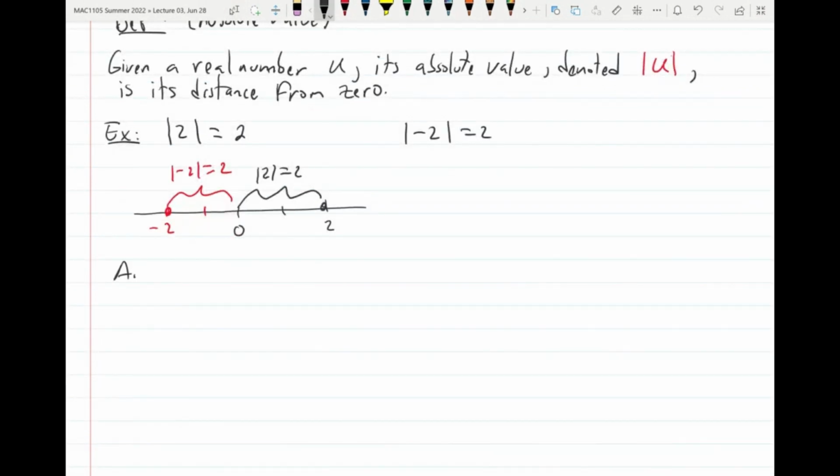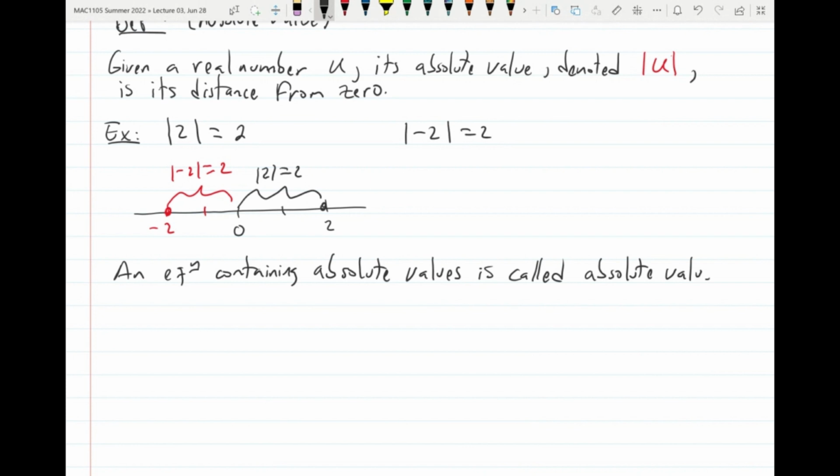An equation containing absolute values is called an absolute value equation. Kind of defining this.